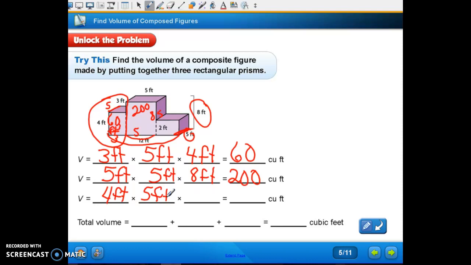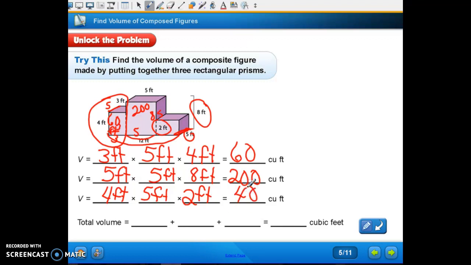8 minus 5 is 3. How do we know that's 5? It has a 2. Yeah, 2 feet. Well, we know that she's exactly right. Here it is, 2 feet. So 4 times 5 is 20 times 2 is 40.